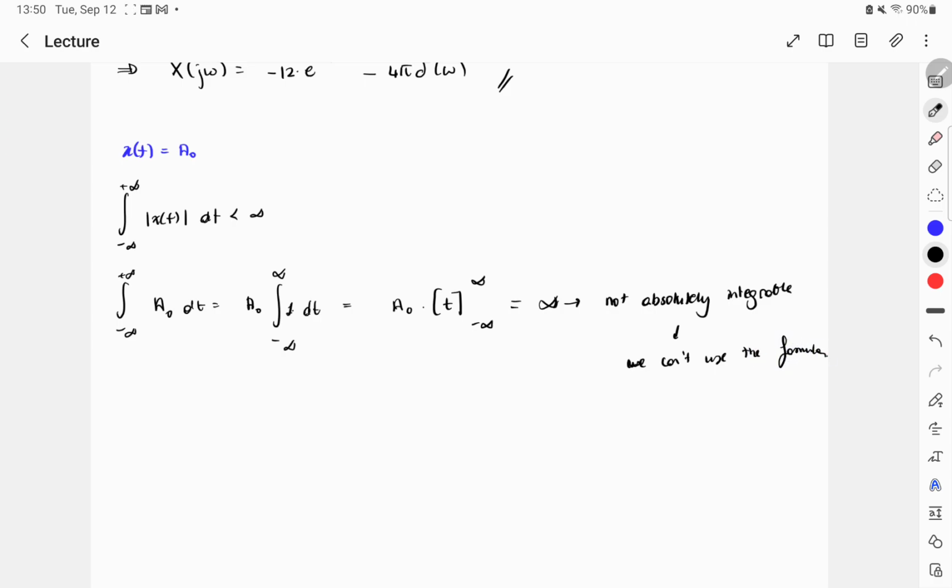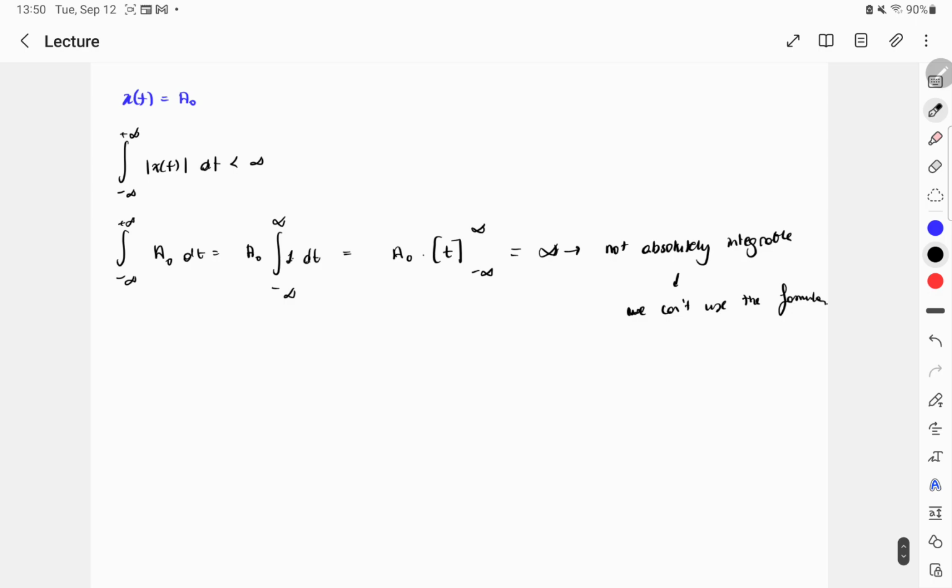Okay, and what do we do here? We just assume that the Fourier transform of this signal is a0 times delta omega, the Fourier transform of the signal which was a0 at the beginning.